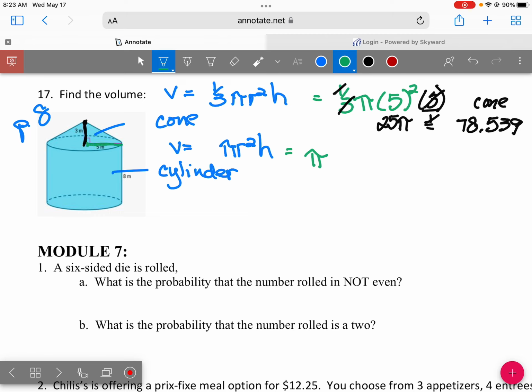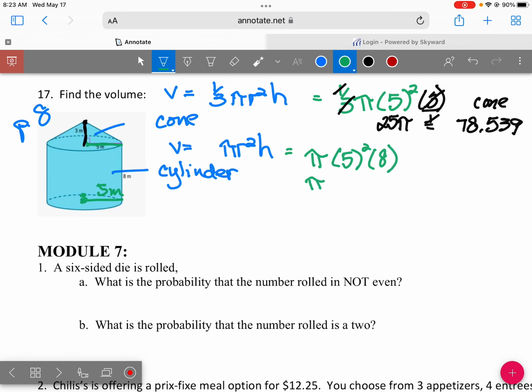That is still the same radius, because if it comes straight down, that still is going to be 5 meters. So times 5 squared. And what is the height of my cylinder? 8. So times 8.